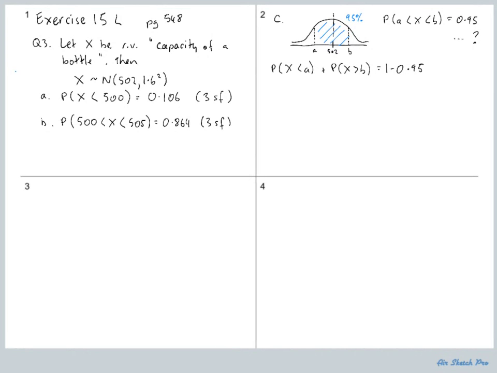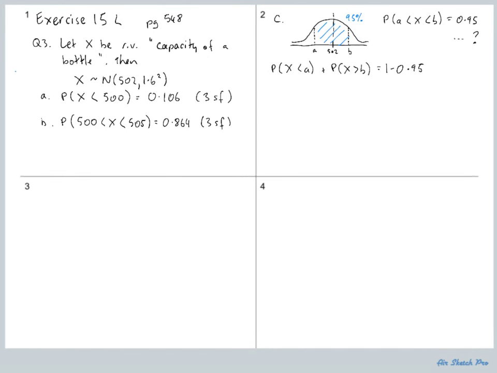Is that okay so far as a first step? So I'm looking at the complement of those sets. So if this is everything and that's 95%, then the bits in white here must be the 5%, or 1 minus 0.95. Okay, this bit and this bit.